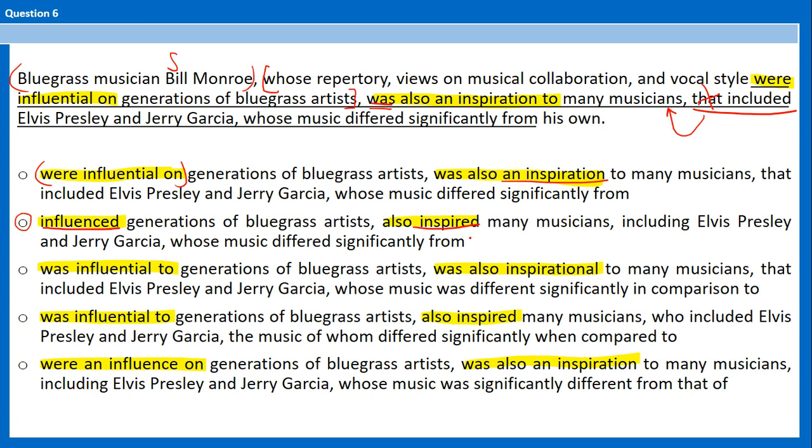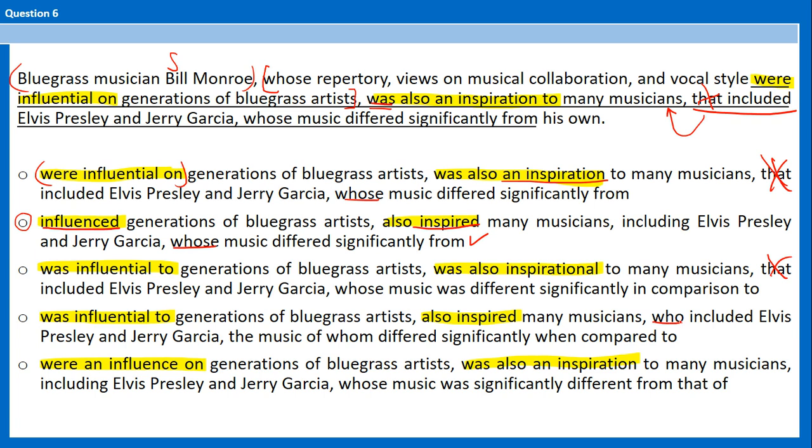And B was the best option. It was very simple, direct, concise. In addition, you are using "whose." You're not using "that" anymore to refer to musicians. "Musicians that" is wrong.